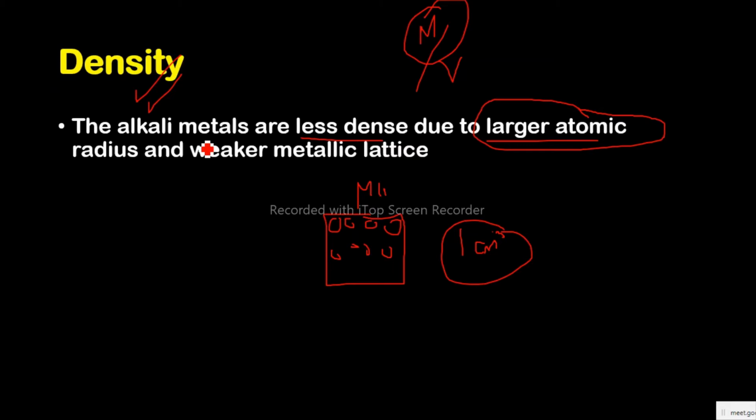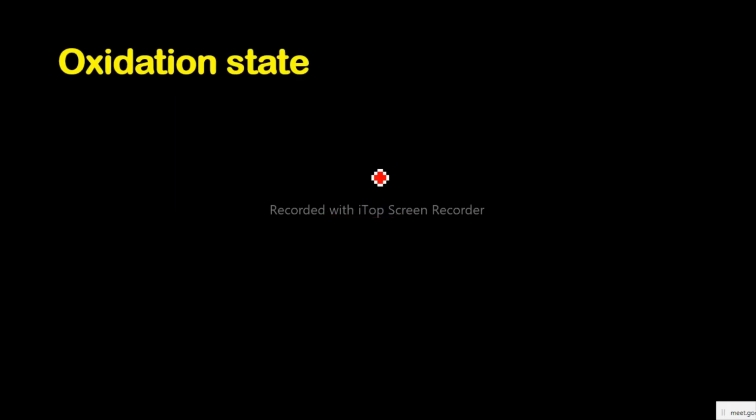And basing on the force of attraction in the metallic bond, the group 2 elements will be closely packed in a given volume, in a given space. And so being closely packed, it means they will have a relatively higher density than their group 1 counterparts.